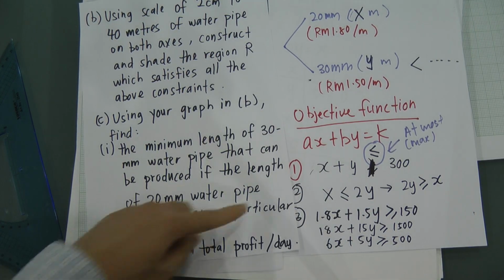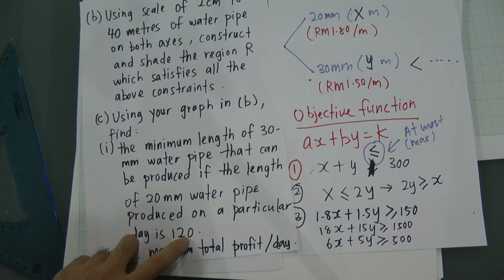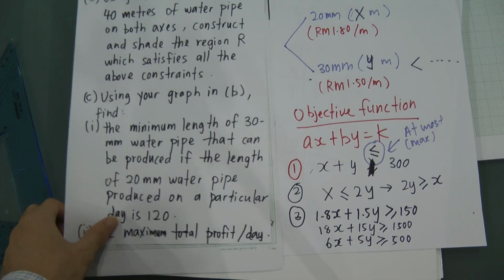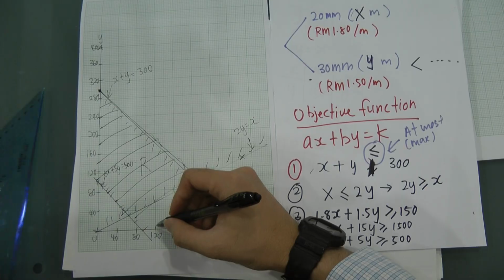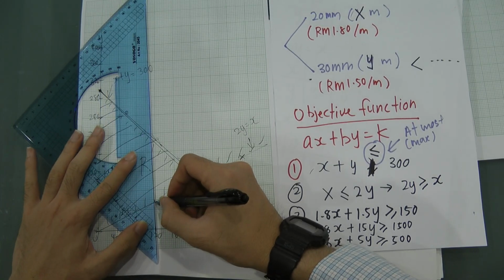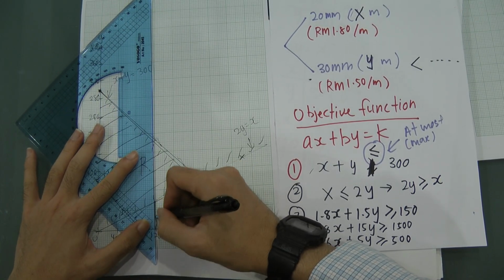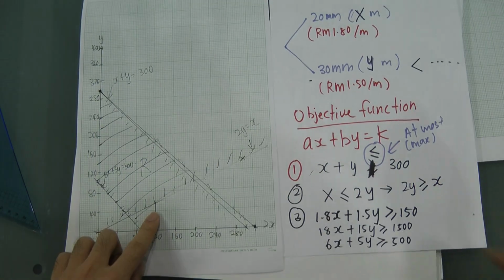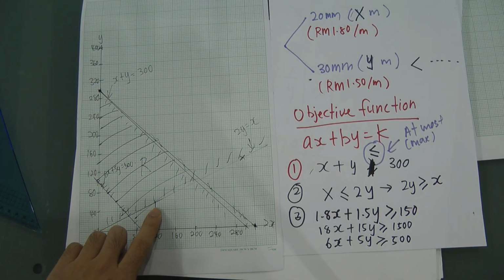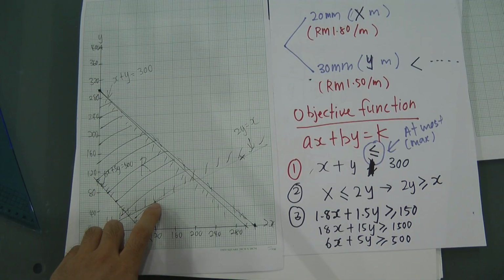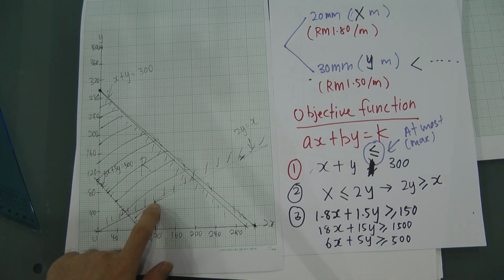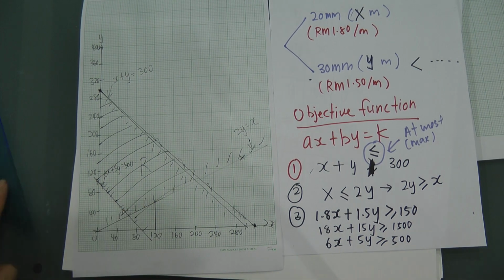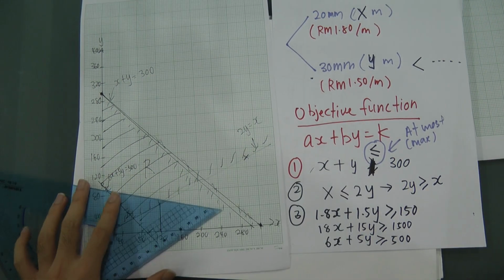Means he wants to find when x equal to 120, what is the value for y? So I draw this line at 120. The first point I touch on the shared region, I move to the y. Then I should get the correct answer.